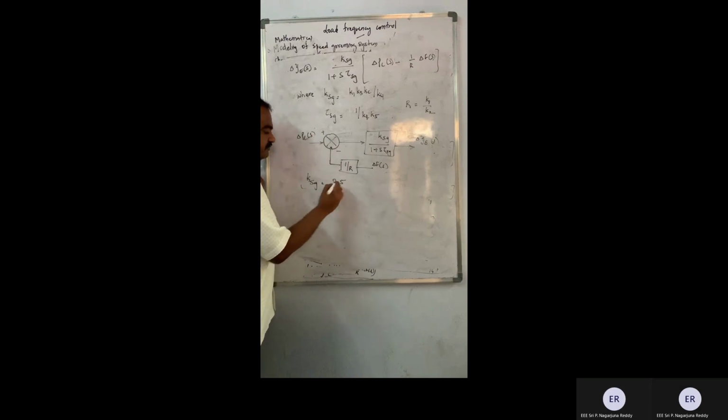So I'm taking it as 0.5. And Kc I'm taking as 2. Time constant I'll be taking as 0.5. And speed regulation, generally you can take it as anything. I'm taking it as 3 here. You can take it anywhere up to 10 or 20 or whatever it may be. Normally we will be having a speed regulation from 2 to 5.